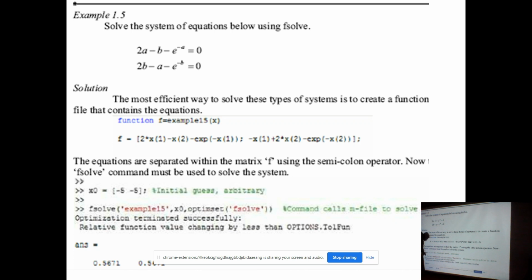I have given x naught equal to minus 5, minus 5. That means a guess for a as minus 5, a guess for b as minus 5. That's all. When I run it, I get the answers 0.56, 0.56. That means the value of a is 0.56, the value of b is 0.56. So these are the systems of nonlinear equations.